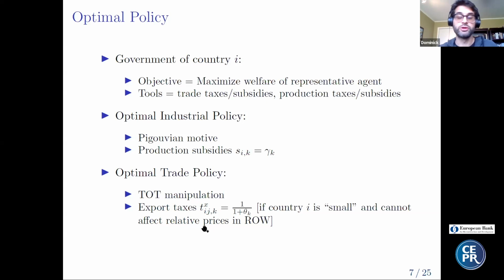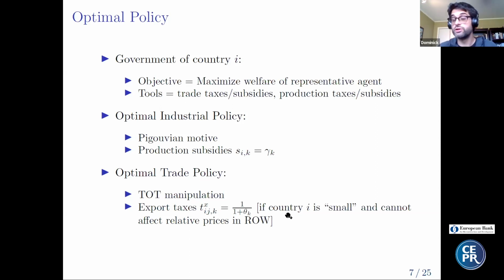Okay. Optimal trade policy in this context is going to be characterized by terms of trade motivations. You're going to want to restrict your sales to other countries, since you are the monopoly supplier of your own variety of good in this Armington or Eaton-Kortum type framework.